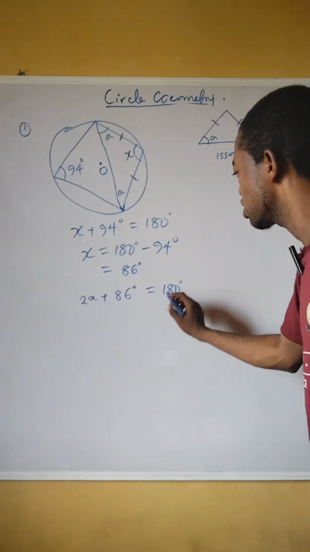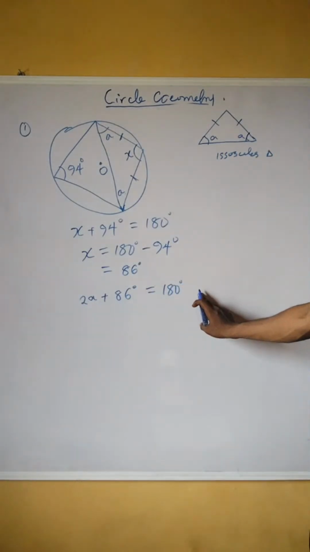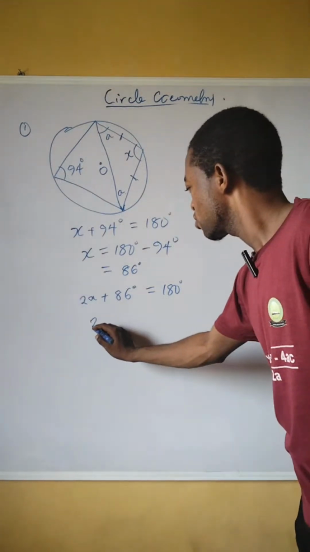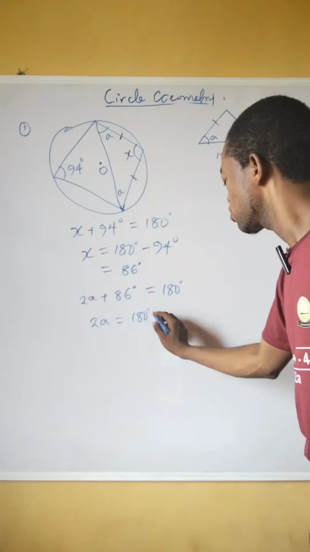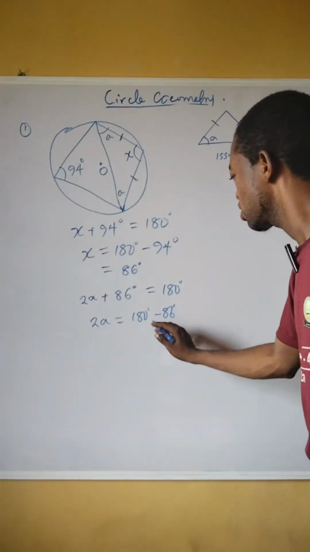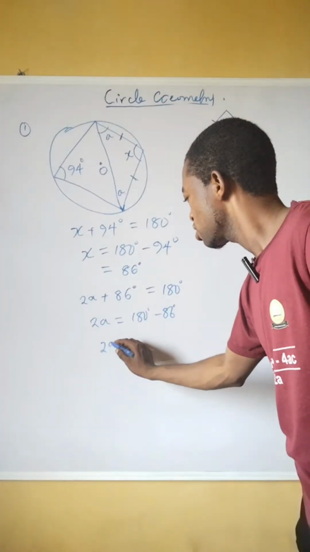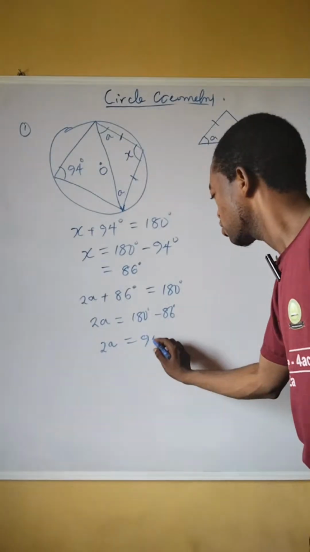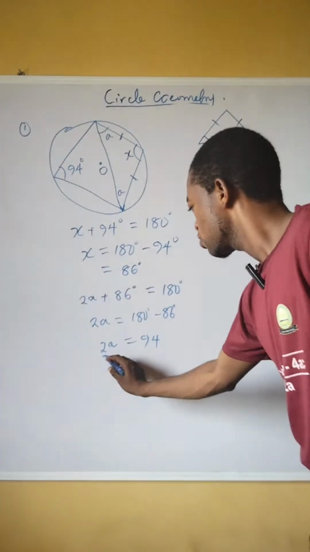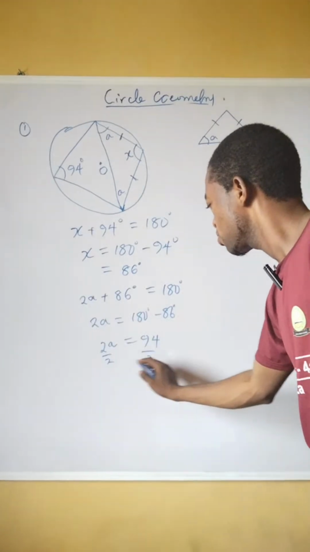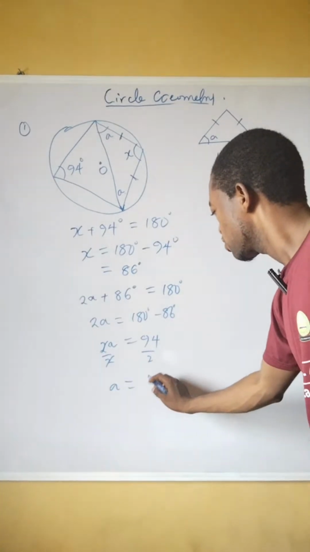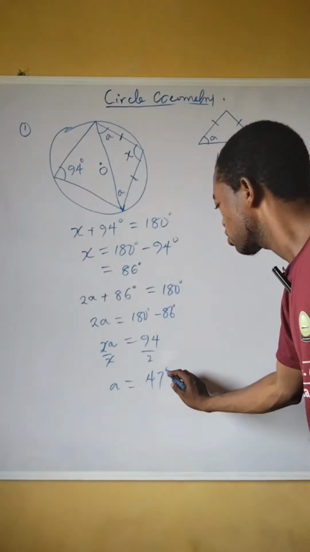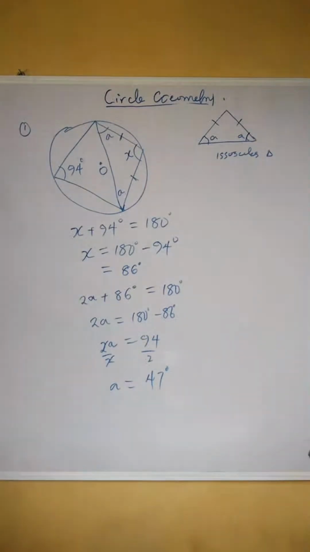Take 86 degrees across, so 2A equals 180 degrees minus 86 degrees, and that's 94. So 2A equals 94. Now divide both sides by 2 to get A, the 2s cancel each other, and we have A equals 47 degrees. So that is how to handle this problem.